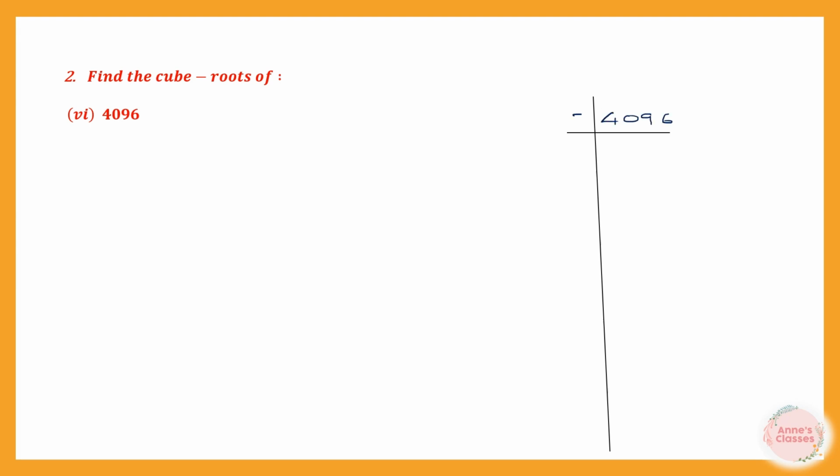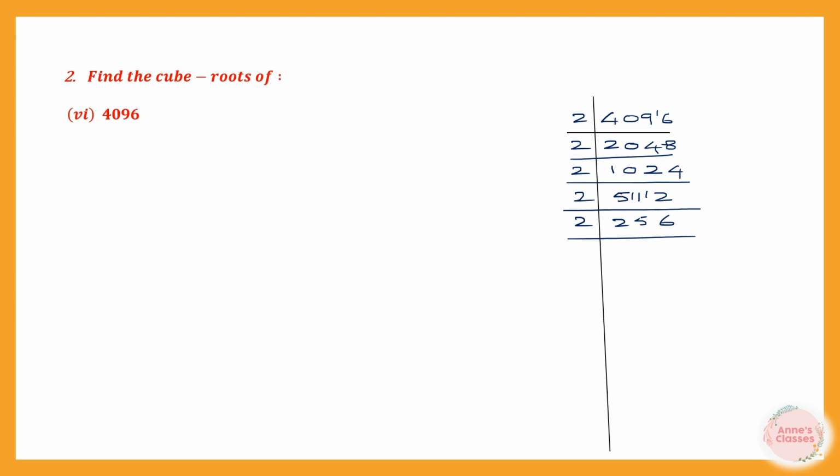Question 6. Let's find the cube root of 4096. It's an even number, so we can divide by 2. 2 twos are 4, 0. 9 we have, 2 fours are 8, 16. 2 eights are 16. Continue again with 2. 2 ones are 2, 0. 2 twos are 4, 2 fours are 8. Continue again with 2. 2 fives are 10. Then 2 ones are 2, 2 twos are 4. Again with 2. 2 twos are 4, then we have 11, 2 fives are 10, 1 there, 2 sixes are 12.